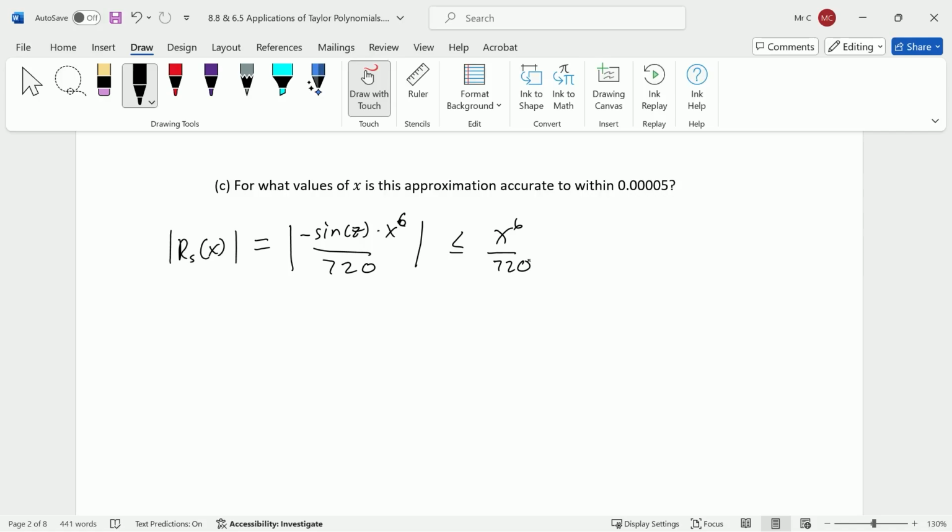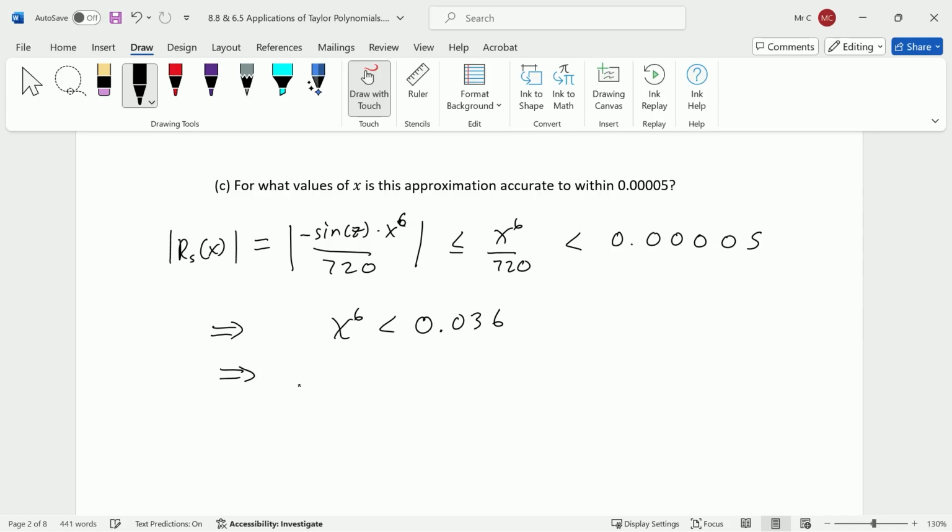But this time we want to know which values of x will make this less than 0.00005. So I multiply the 720 across, and that gives me x to the 6th is less than 0.036.